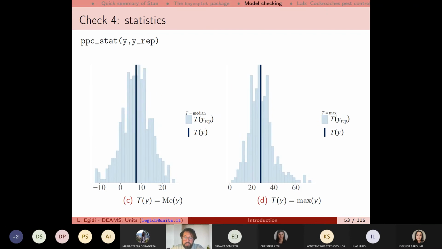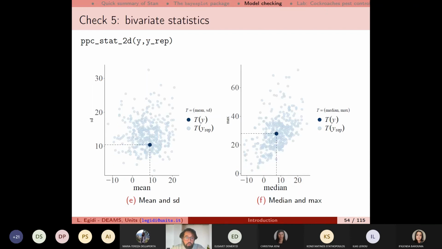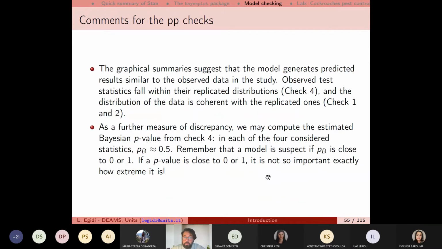But all the observed scalar statistics here fall within the histogram of the replicated scalar statistics. You can also, if you want, provide some bivariate statistics plots to check the behavior of pairs of statistics, for instance, the mean and the standard deviation, or also the maximum and the median. So just to have a very quick comment, the graphical summaries suggest that the model in this case generates predicted results which are similar to the observed data that we analyzed.